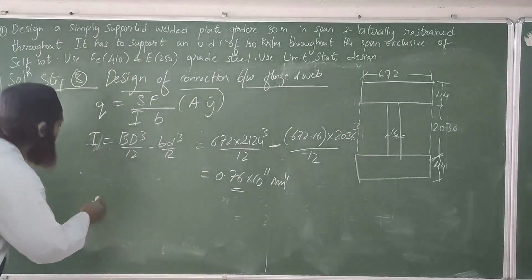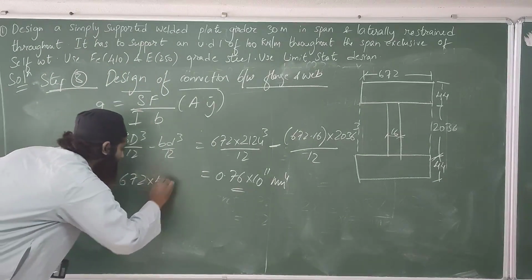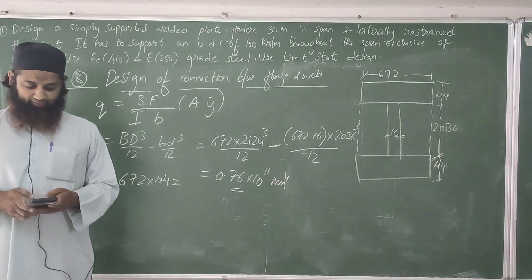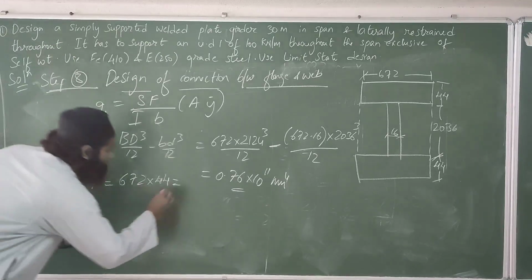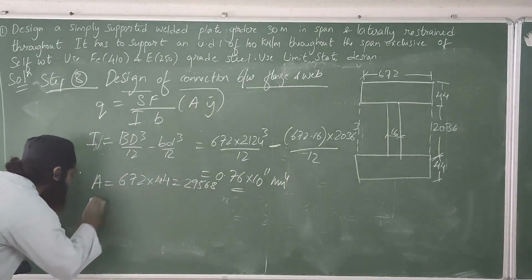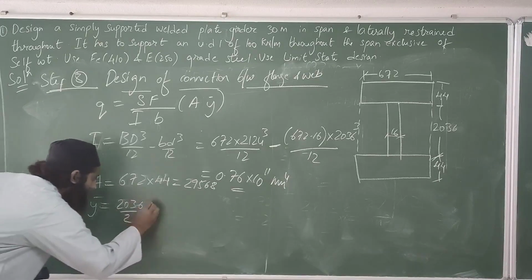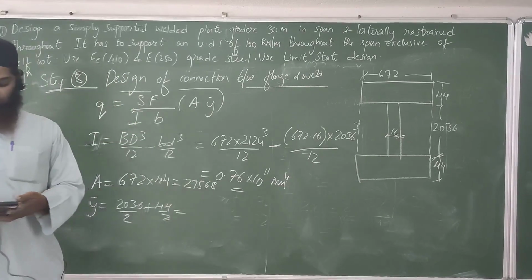I'll just write the value of A also, that is area of flange, 672 into 44, we are getting it as 29568.